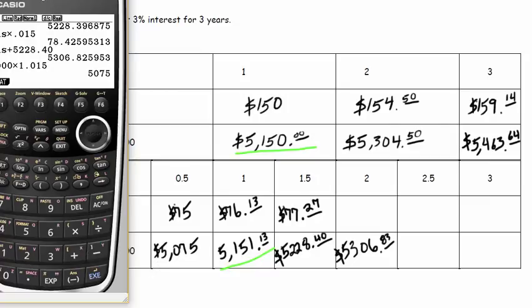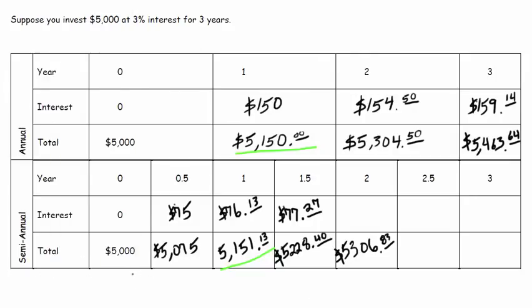And do you see how that took us from here to here? I just multiplied by 1.015. So again, to get from here to here without that extra step of adding it back, I can multiply by 1.015.